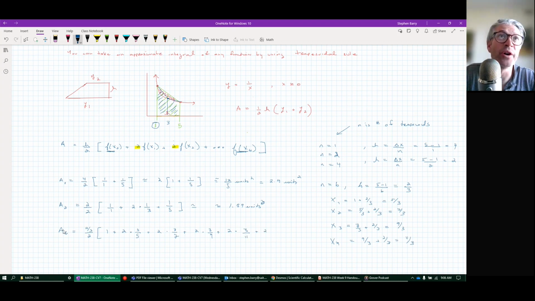So you can see how it's a little annoying when you have a lot of trapezoids, and especially when you don't have a nice h number.